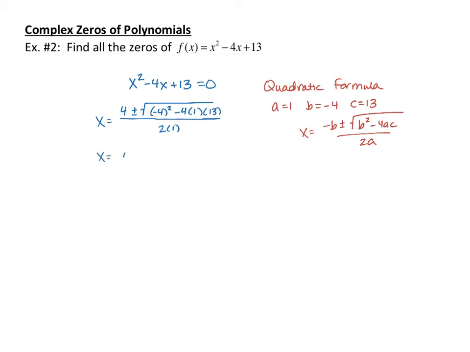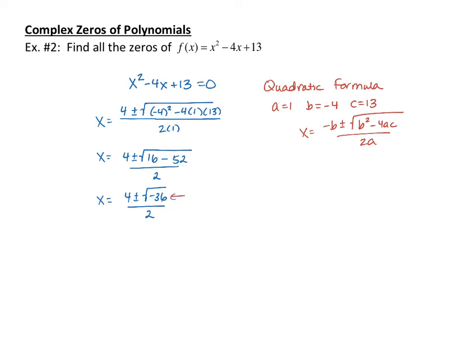So keep going to simplify. Underneath your square root, we've got negative 4 squared, which is a positive 16, minus 4 times 1 times 13, so minus 52, all over 2. If we keep simplifying, 16 minus 52 underneath our square root is a negative 36, all over 2.